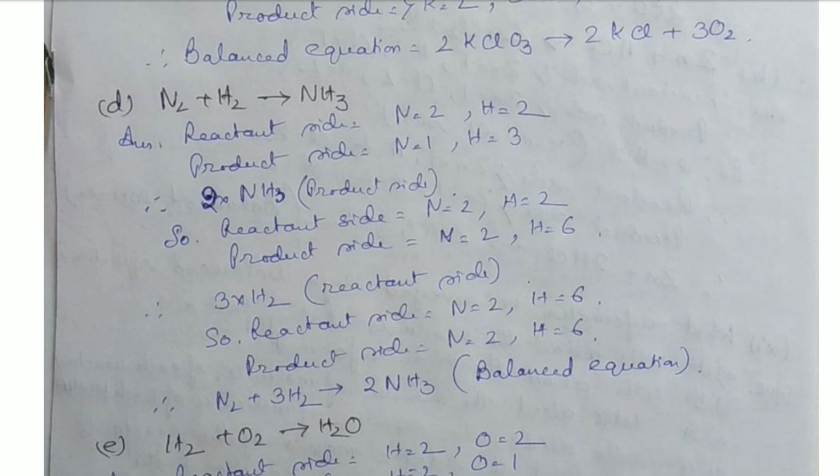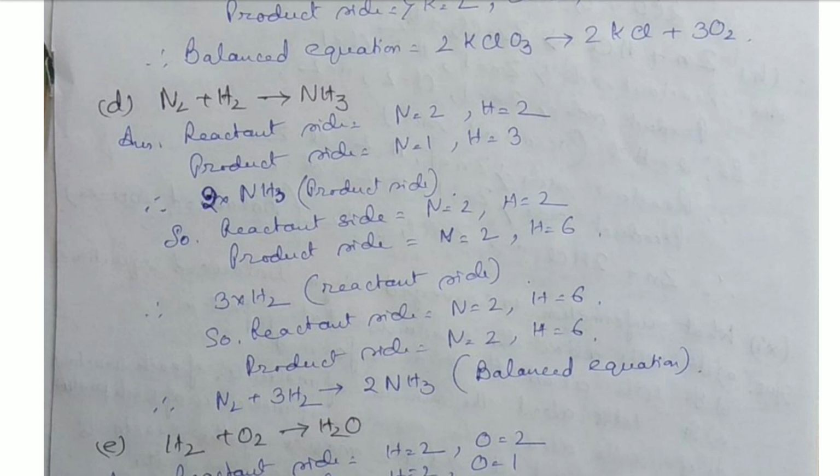On the reactant side N is 2, H is 2, and on the product side N is 1 and H is 3. So on the product side NH3 is multiplied by 2, and that becomes N is equal to 2 and H is equal to 6. Now on the reactant side H is equal to 2.